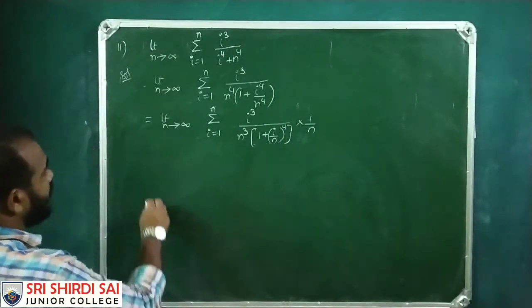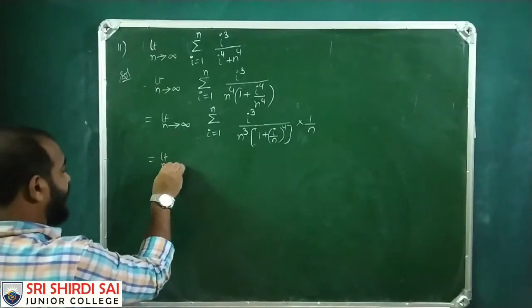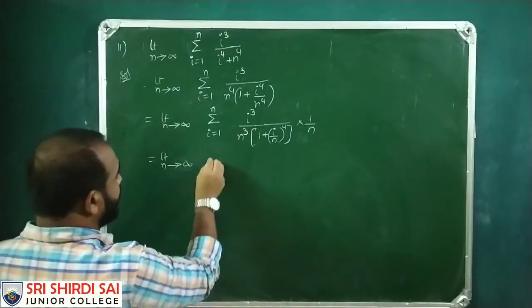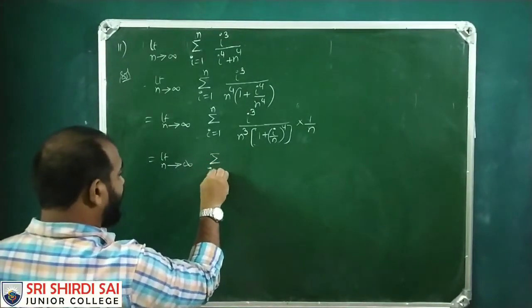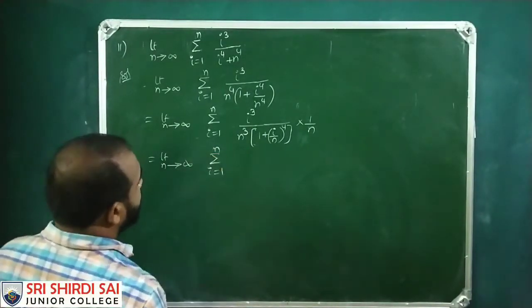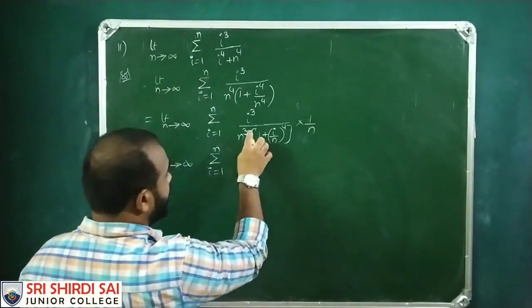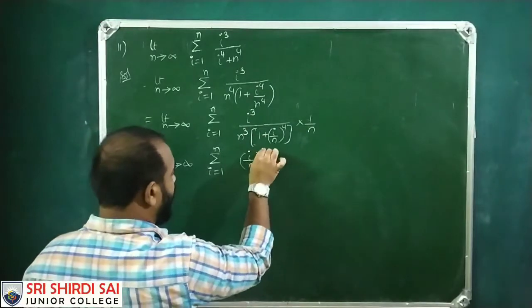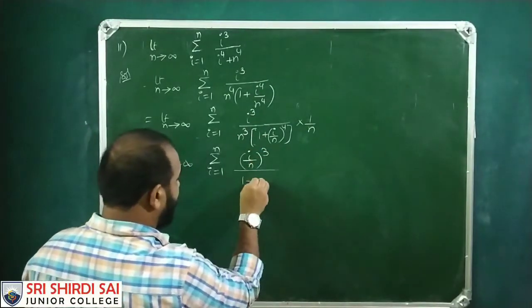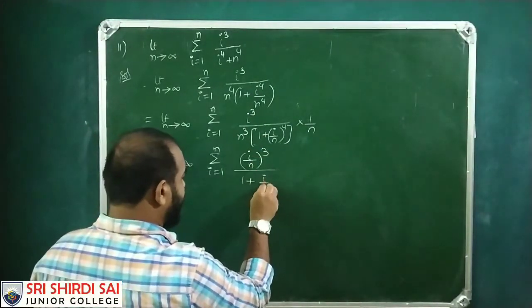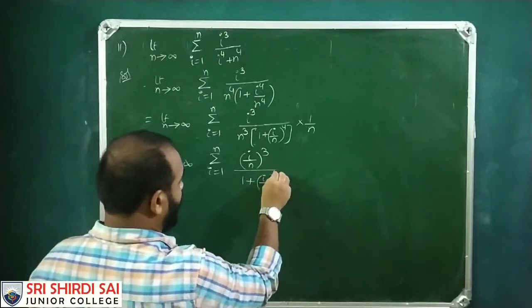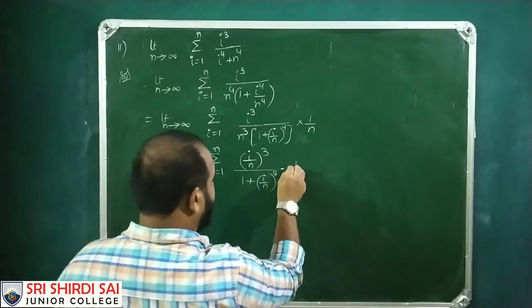Now limit n tends to infinity, sigma i runs from 1 to n, i by n whole cube by 1 plus i by n whole power 4 into 1 by n.